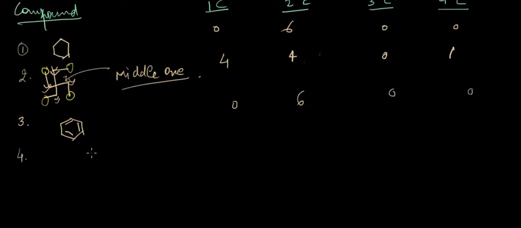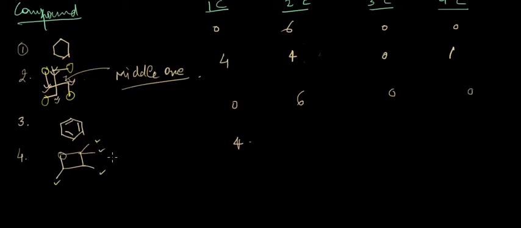What about this? How many 1 degree carbon atoms are there? 1, 2, 3, 4. Okay. How many 2 degree are there? 1.